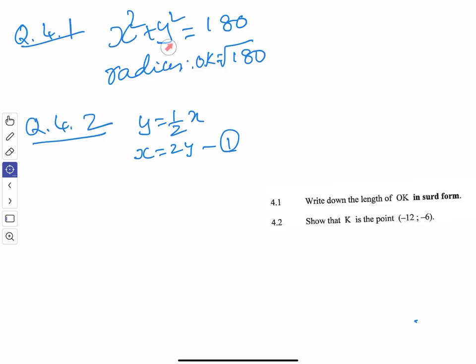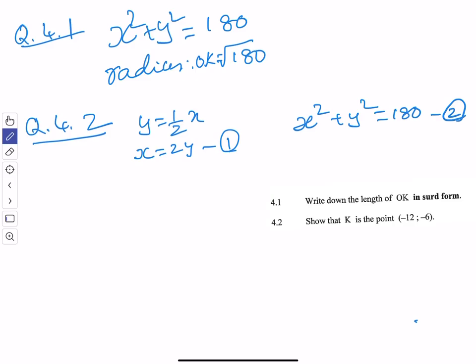My equation number 2 is x squared plus y squared is equal to 180. I put equation number 1 into number 2.